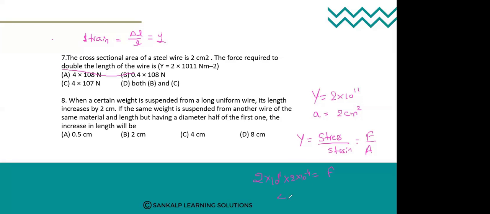So 2 into 2 will be 4, then 11 minus 4 will be 7. 4 into 10 raised to 7. In the options, 4 into 10 raised to 7 is there. Option C is the right answer. Please ask if any doubt is there. Otherwise, I'll go for the next question.